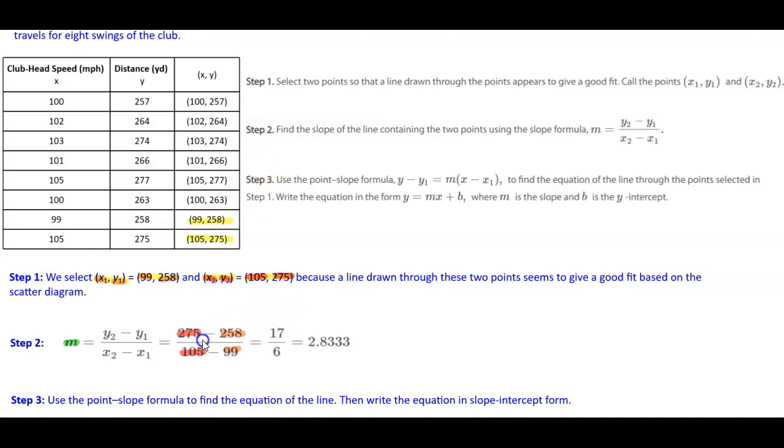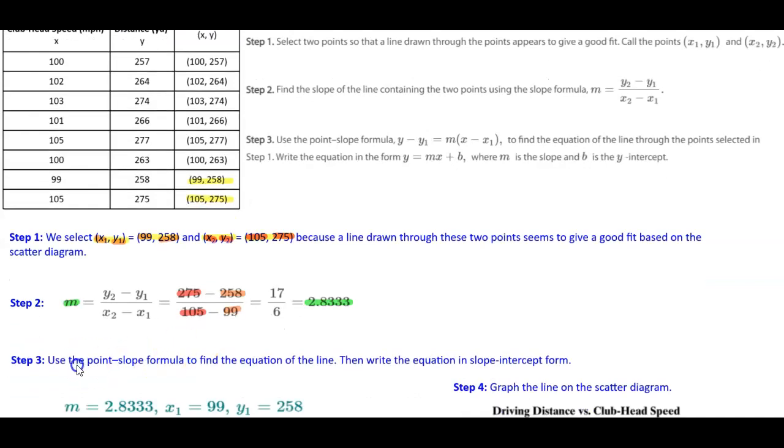So 275 minus 258 gives us 17, and 105 minus 99 gives us 6. So 17 divided by 6 gives us 2.8333. That's going to represent our slope. So we found our slope by picking those 2 points.